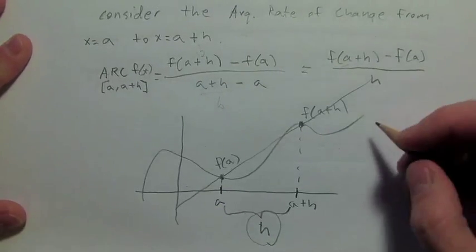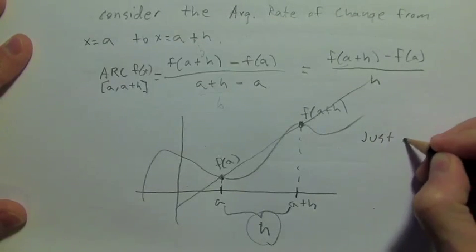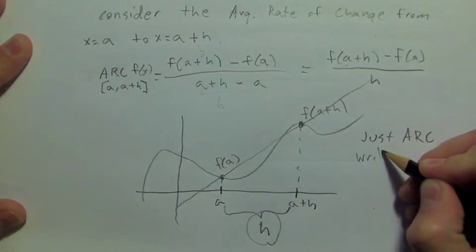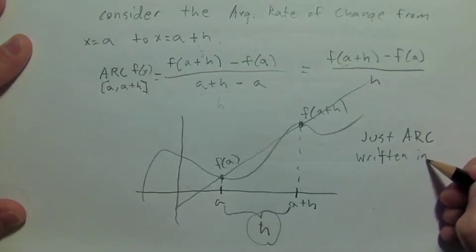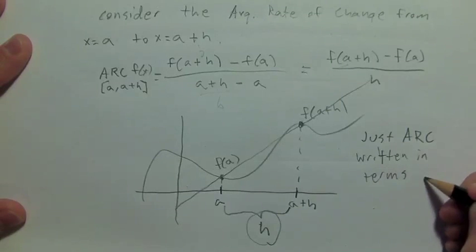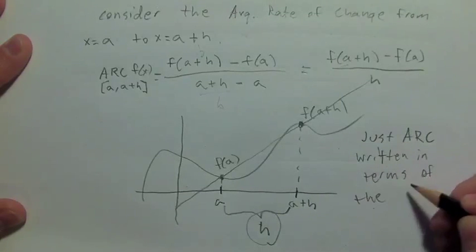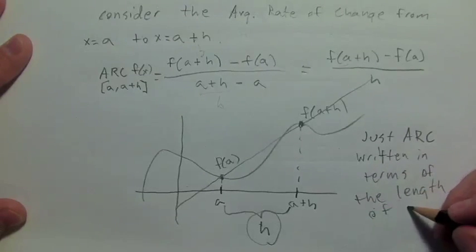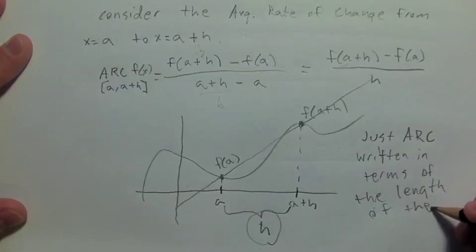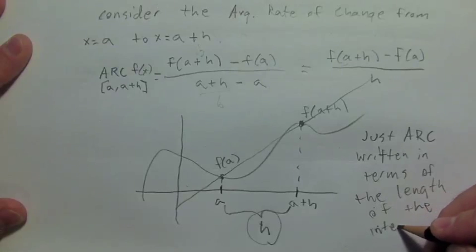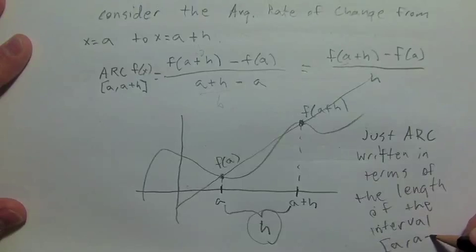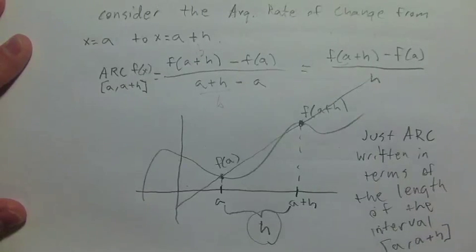So it's basically just the average rate of change written in terms of the length of this interval, a to a plus h, or b if you like.